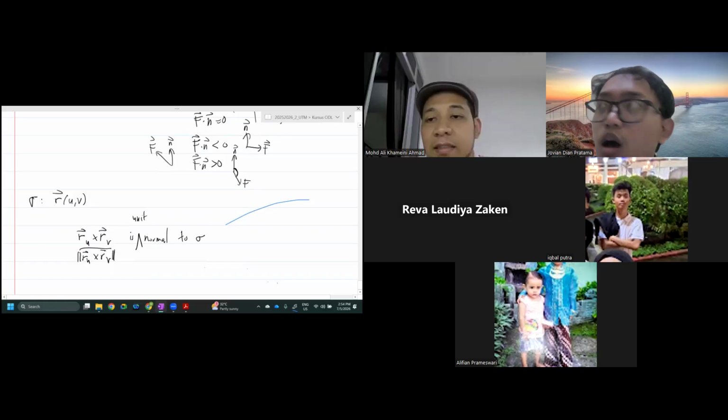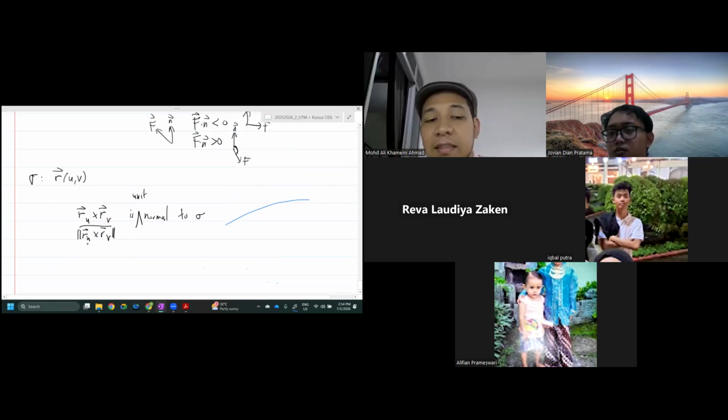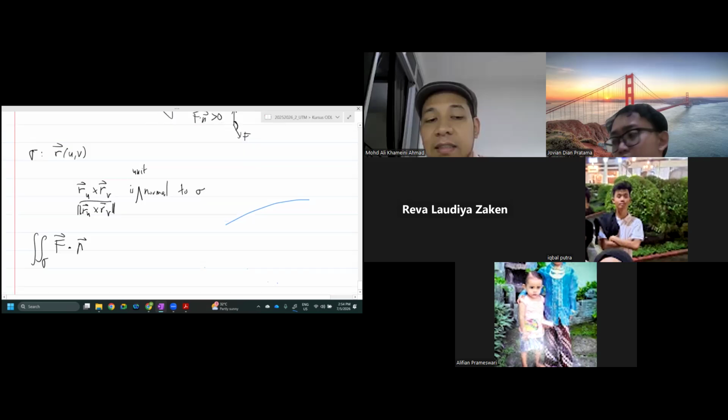Unit normal of the surface. You choose, and you can choose either positive or negative, depending on where you want to go. So you will have the double integral over D of F, this is r(u,v).